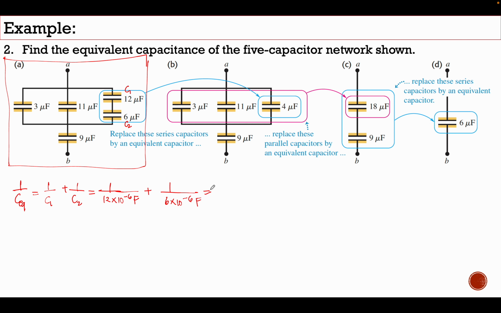So, let's calculate 1 over 12 times 10 to the power of negative 6 plus 1 over 6 times 10 to the power of negative 6, which is equal to 250,000 farad. So again, this is 1 over the equivalent capacitance.